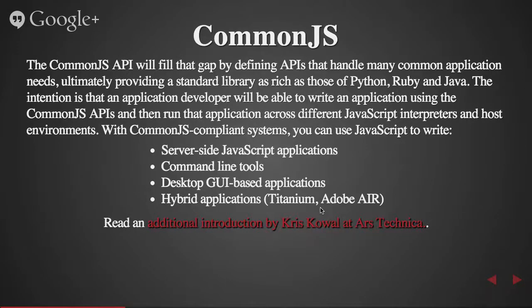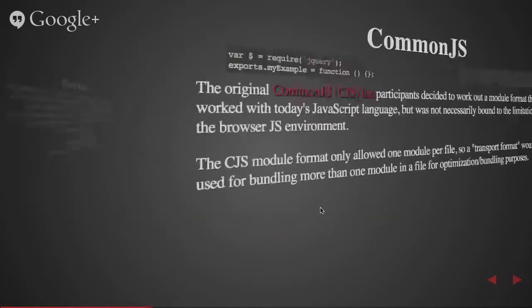The intention is that an application developer will be able to write an application using the CommonJS APIs and then run that application across different JavaScript interpreters and host environments. Using CommonJS, you can write server-side JavaScript applications, command line tools, desktops, hybrid applications. There's a link here to learn a little more about it if you want to.